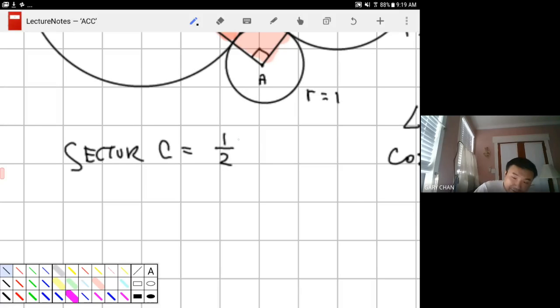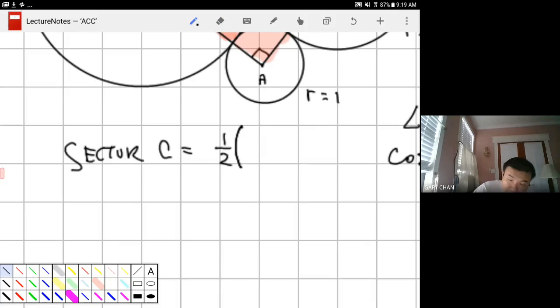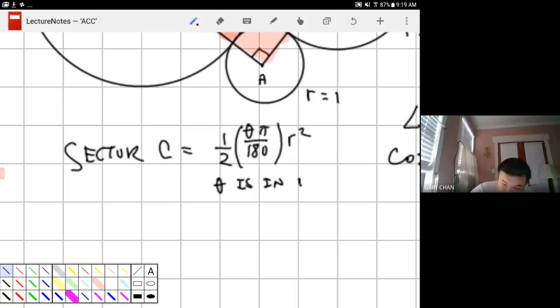There were 2 formulas, right? So there was 1/2 theta pi over 180 times r squared, where theta is in what measure? In degrees.